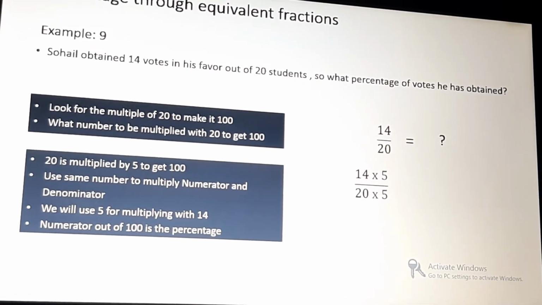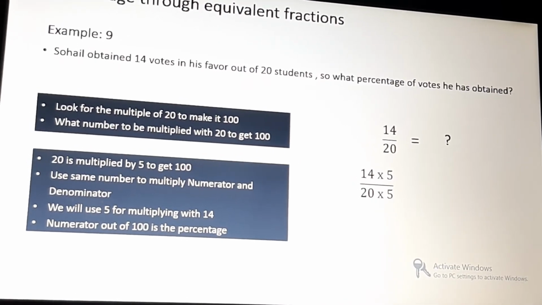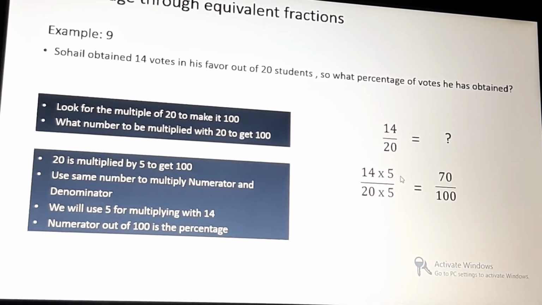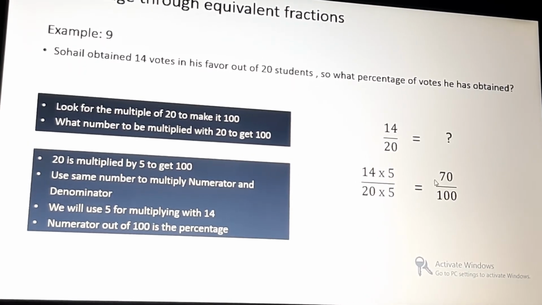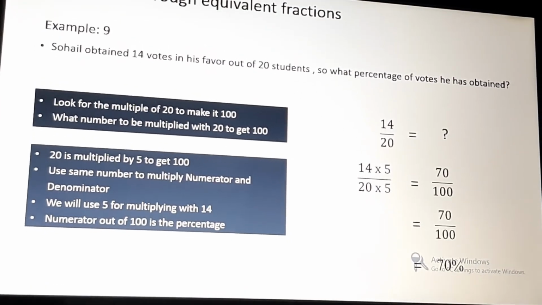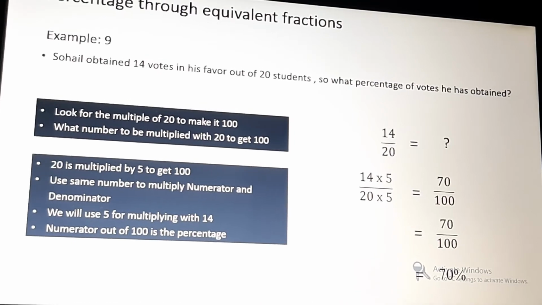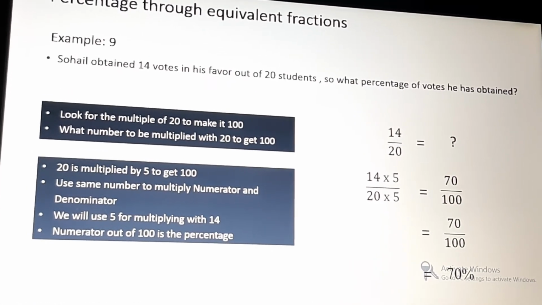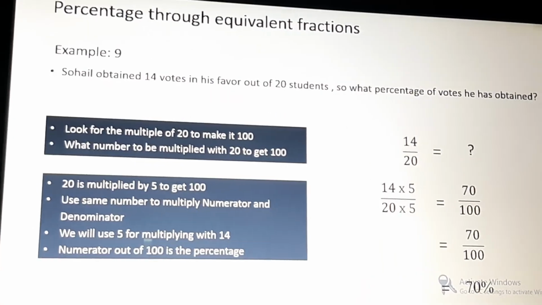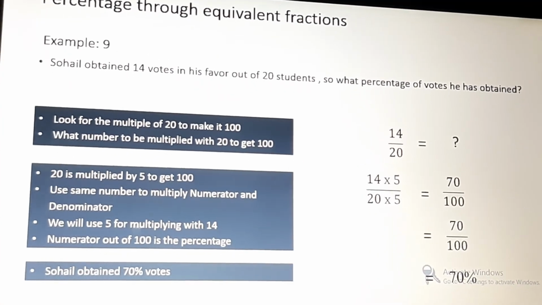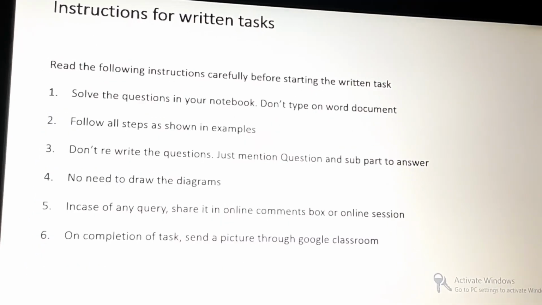That is 5. 20 multiplied by 5 gives you 100. Similarly, using the same number to multiply with the numerator, it gives you 14 times 5 is 70. And we know that numerator out of 100 is the percentage. So Sohail obtained 70% votes.